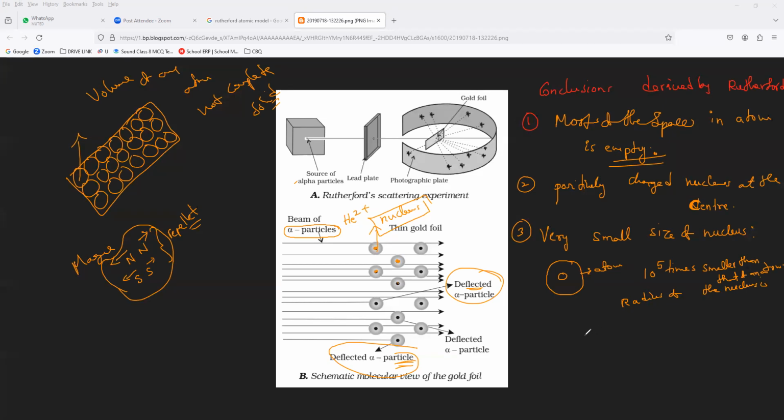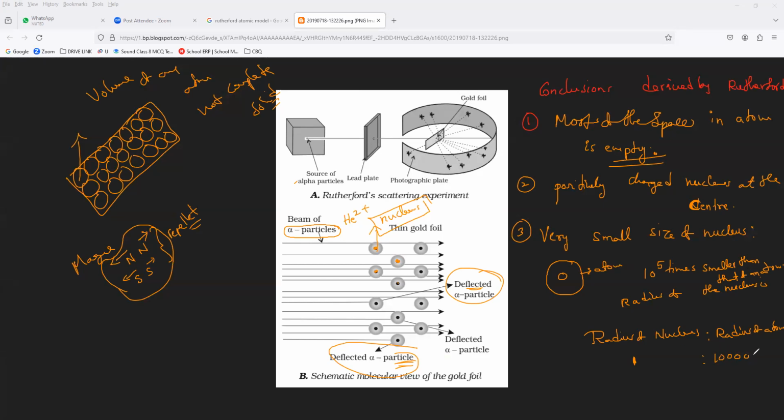For example, if I take the radius of the nucleus as 1, can you tell me what is the radius of the atom, everybody? 1 lakh times.